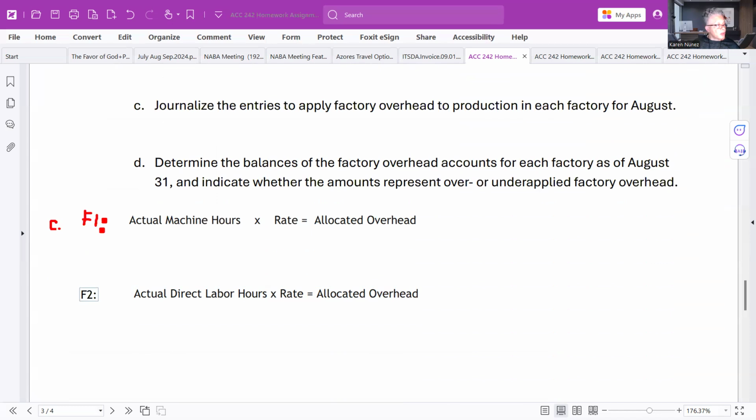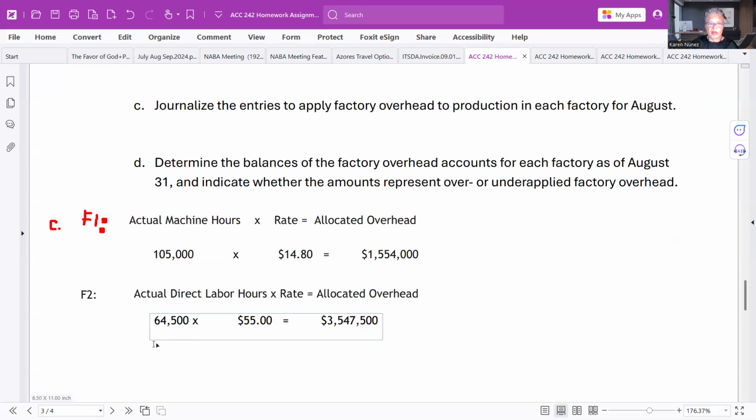So for factory one, here we go. 105,000 machine hours times 1480, 1,554,000 is the amount of overhead we allocate to factory one. For factory two, though, 64,500 direct labor hours times $55.